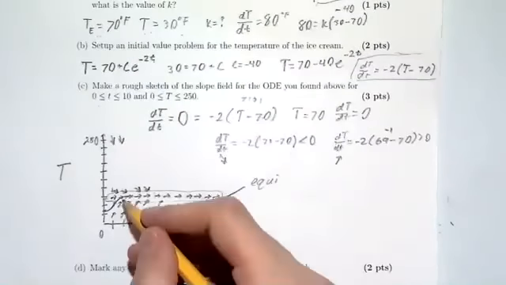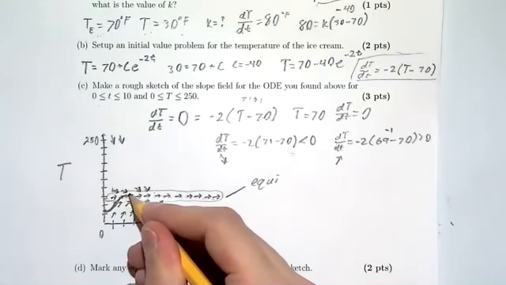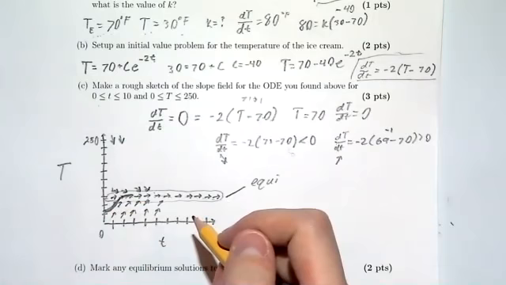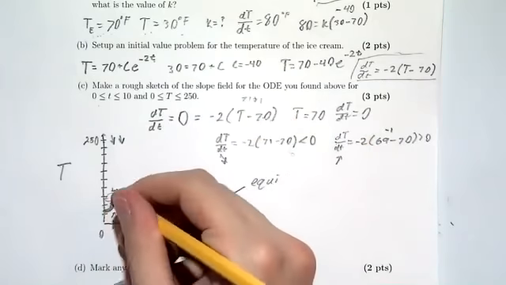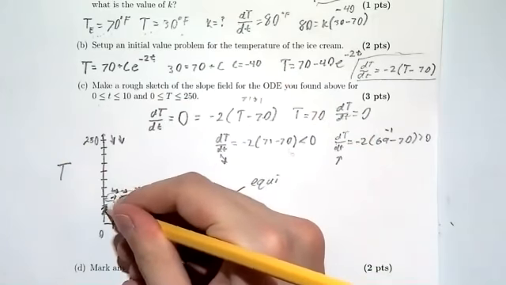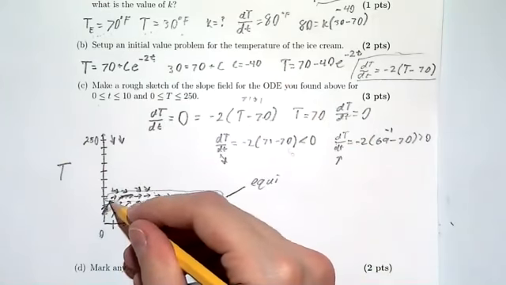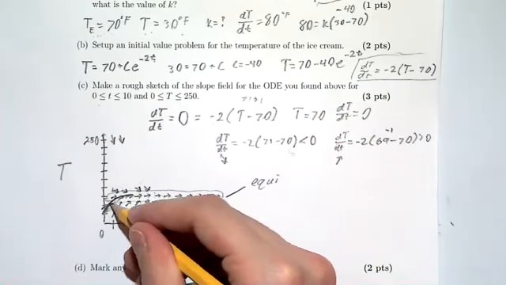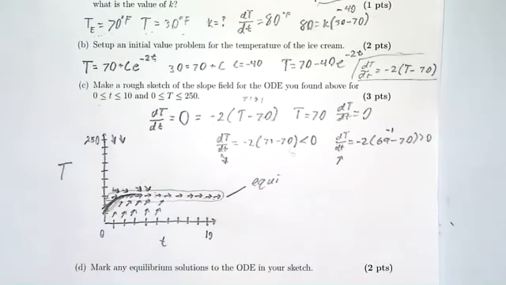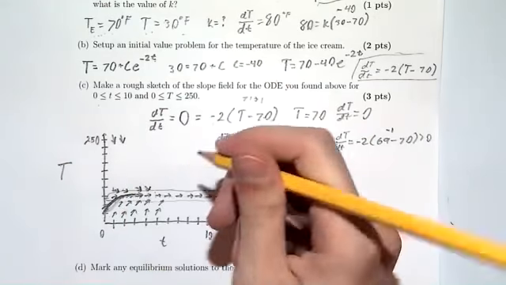So kind of hard to see here, but it would follow something like that. I guess, wait, no, it wouldn't go like that. It would go from here, it's already going like this. So it'd go like that. So that would be our solution.